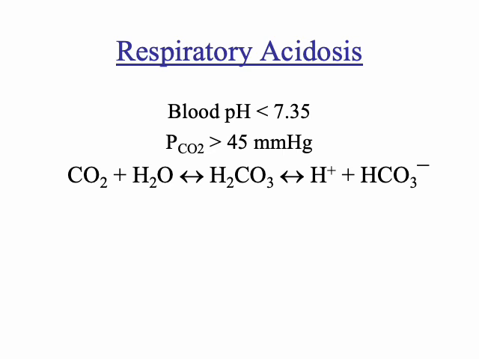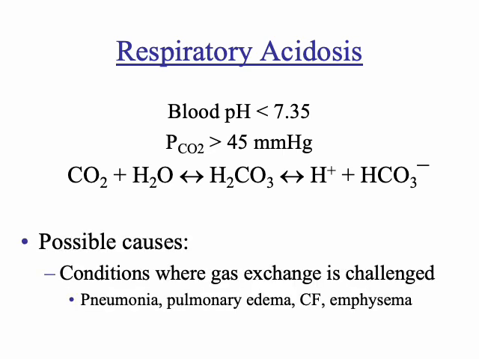And it's the acid that we're worried about here. A lot of the causes of respiratory acidosis are going to be from compromised gas exchange. So fluid in the lungs, lung breakdown of surface area with emphysema, or mucus, just something making it hard to get that carbon dioxide out of the body.